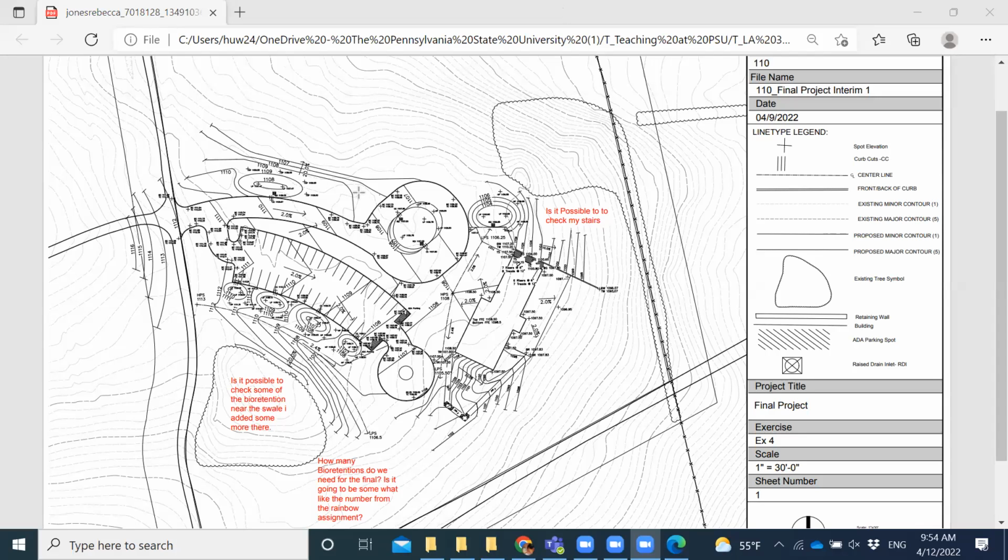Add one more here, because then you can deal with everything that comes off your driveway. And add one more here, because there is a lowest point here that needs to be treated, and you don't want to mix that with the plaza water. This one is okay.